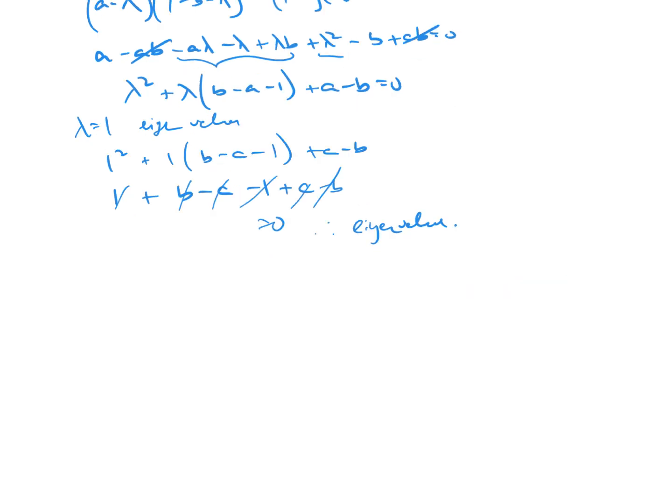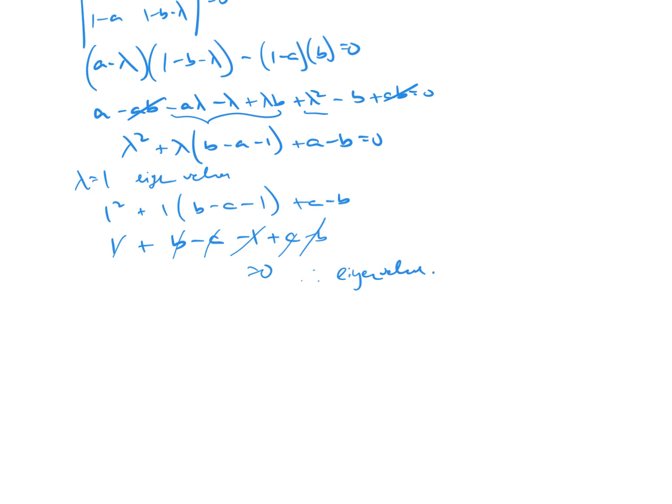So continuing, I need to take this equation here, this is my characteristic polynomial. I know that one of the eigenvalues already is 1, so I know it's going to factor as lambda minus 1, and then I just have to basically deconstruct that scenario. I know that two values have to multiply to get a minus b, and so this has to be a minus b.